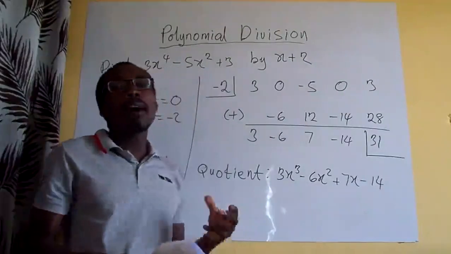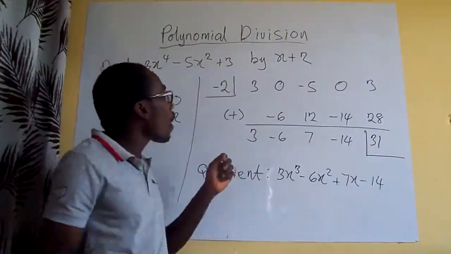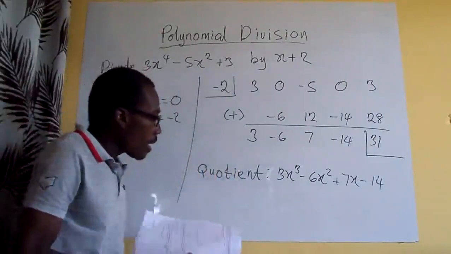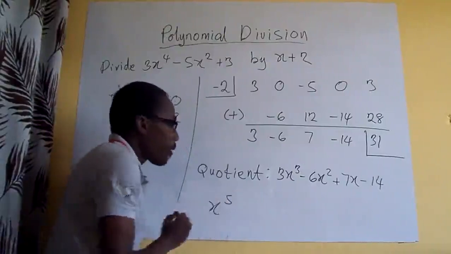So let's even talk about a quintic function. That is a function with the highest power of x being 5, that is, having the term x to the power 5.